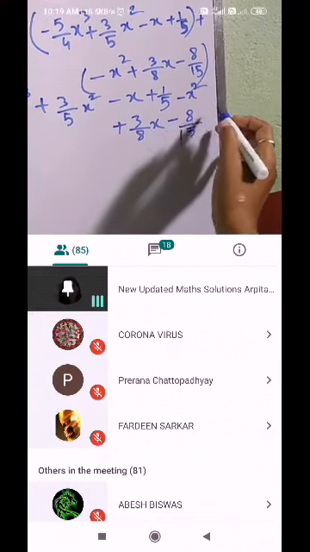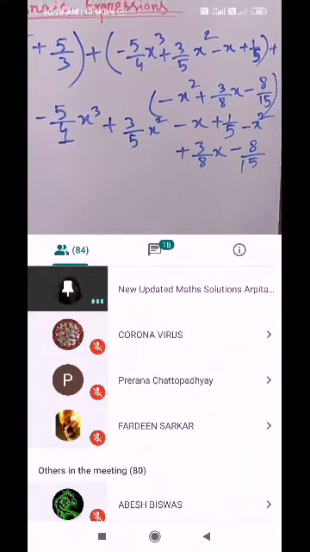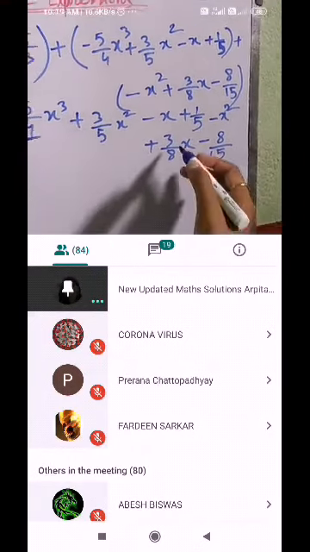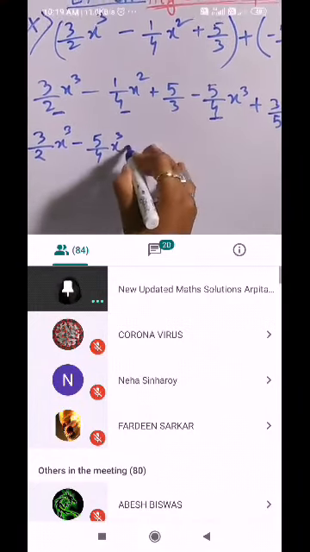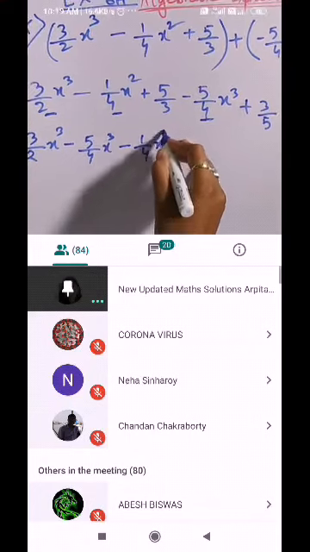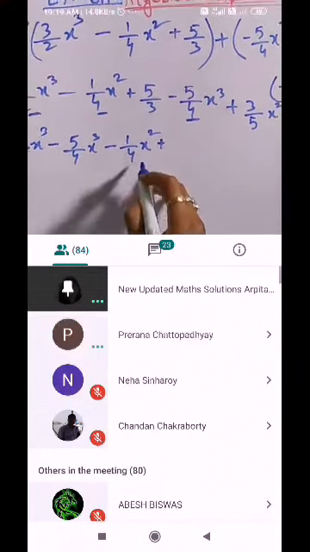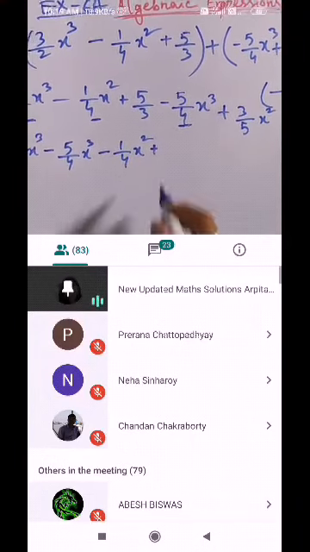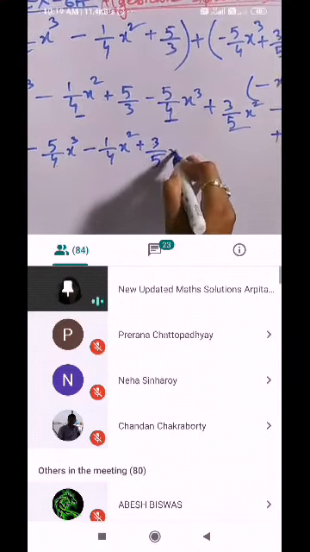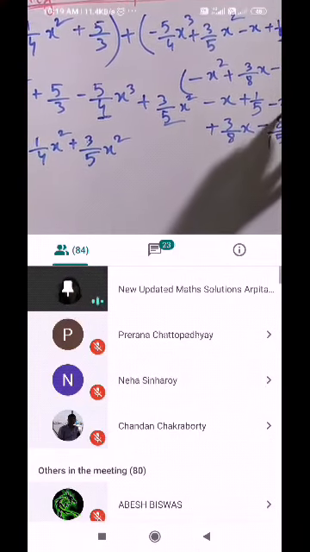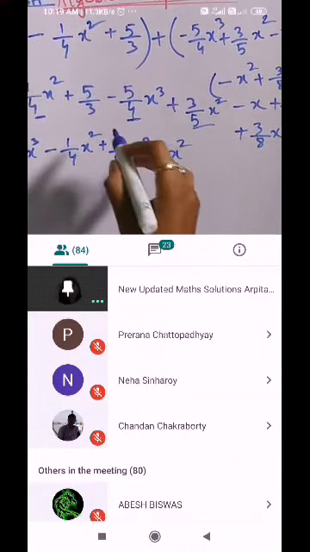Then x cube term. No other x cube term is there. Minus 1 by 4 x square. Then this one plus 3 by 5 x square. Then this one minus x square. Okay, that is completed.